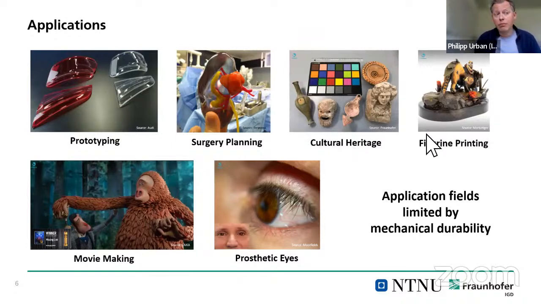Figure printing is actually a big business with millions of prints, as is movie making. And we were involved in the last couple of years in one application area which is quite interesting, prosthetic eyes. We have developed a system that takes optical coherence tomography data and pictures of the healthy eye to create a prosthetic for people with eye loss.